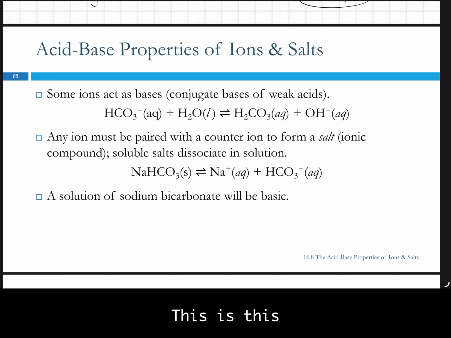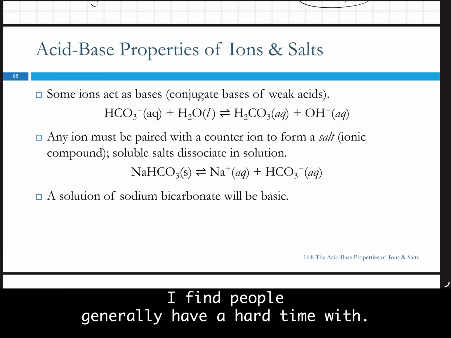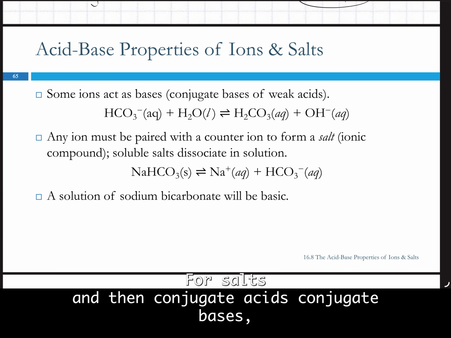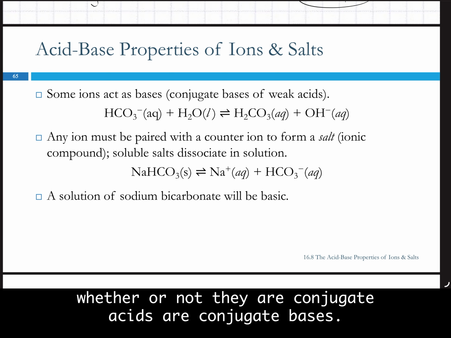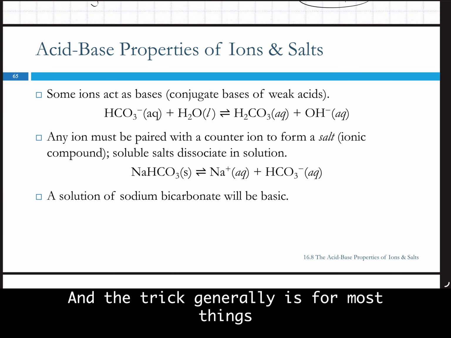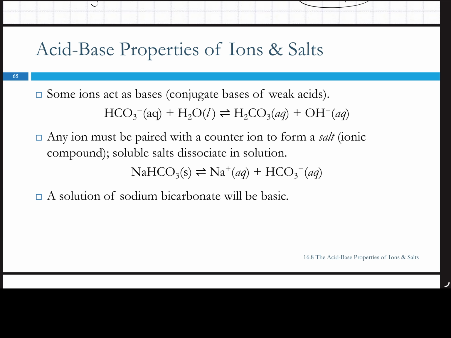This section I find people generally have a hard time with. Trying to figure out, for salts and conjugate acids and conjugate bases, whether or not they are conjugate acids or conjugate bases, or if they're going to be neutral. And the trick generally is, for most things, you add a hydrogen if it's negative.